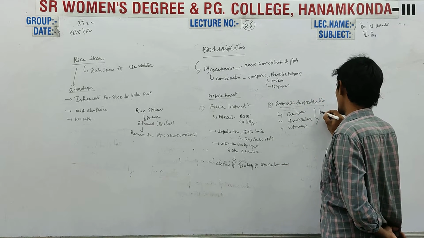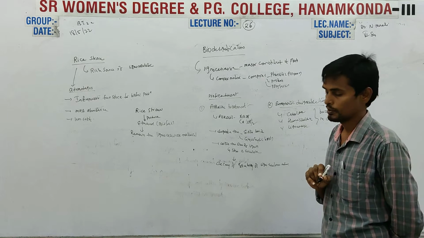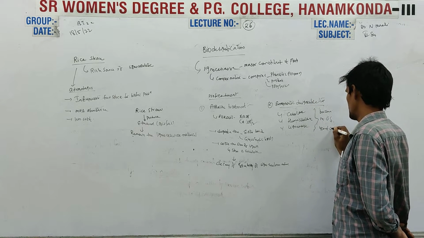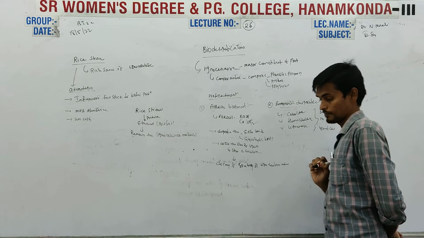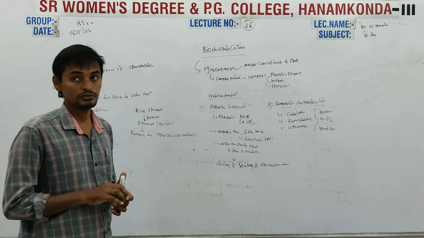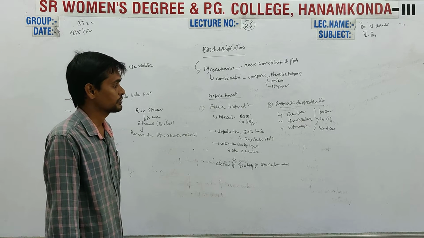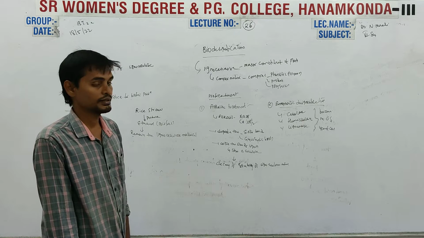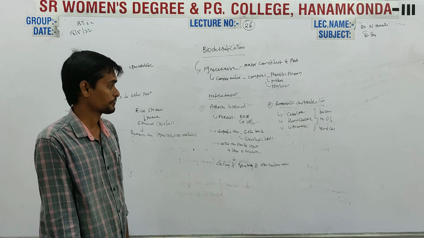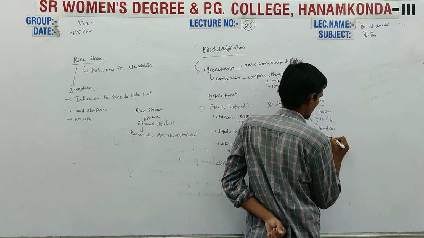These are produced by certain microbial organisms like yeast cells or fungal cells. So the enzymes produced by the microbial organisms can degrade this cellulosic material and lignin material.